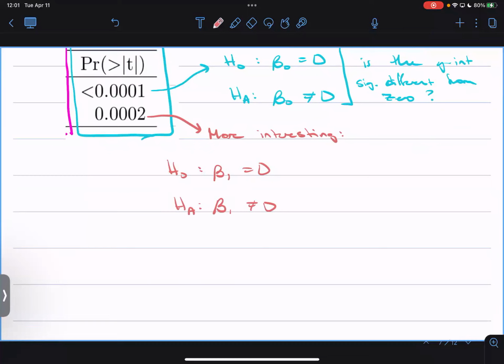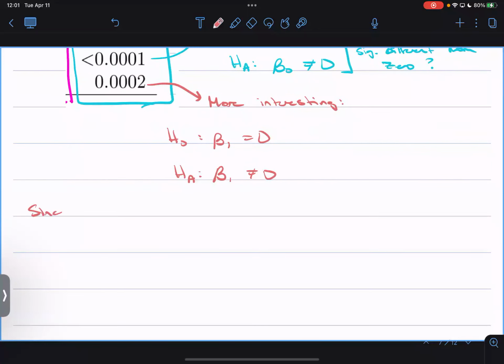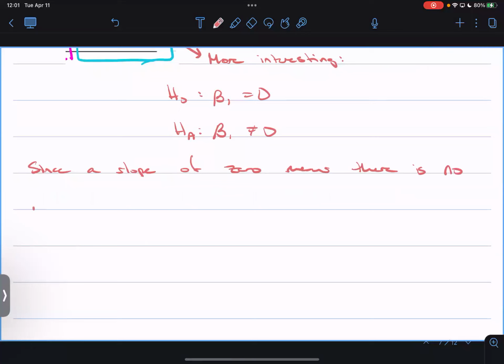Since a slope of 0 means that there's no relationship between X and Y.